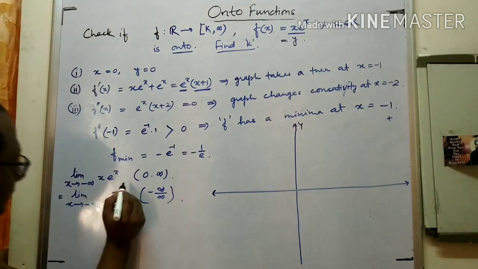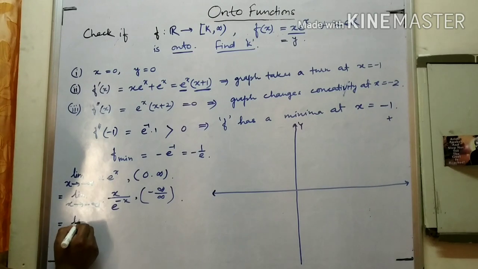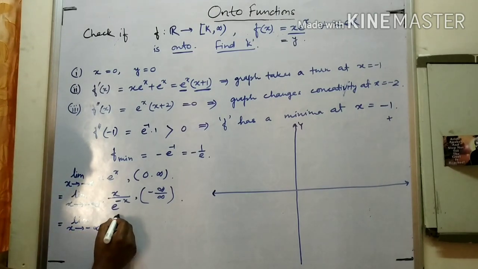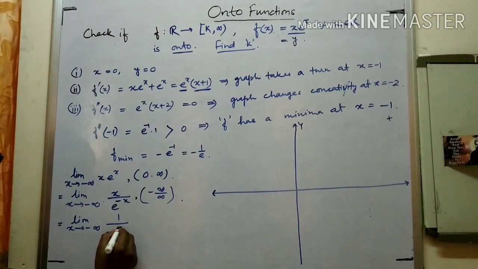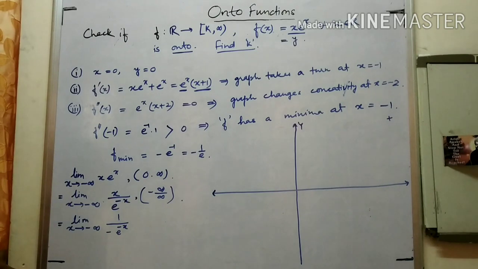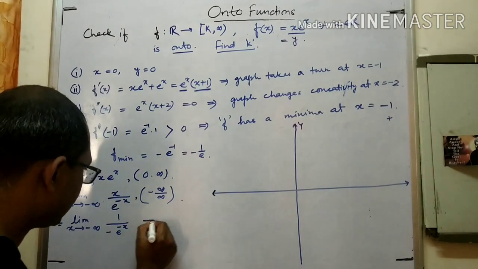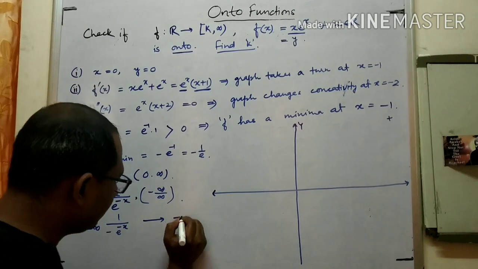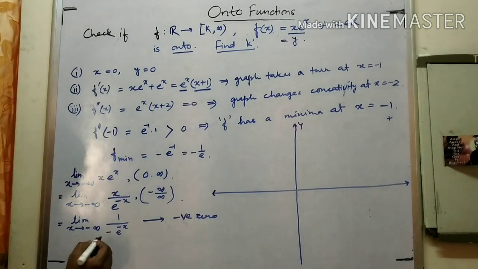So we can use L'Hopital's rule now. If I use that, limit x tends to minus infinity, I'll be getting 1 by minus e to the power minus x. If I put the limit, the denominator will become infinity, 1 by infinity is 0, so it is tending to negative of 0, because of this negative sign.